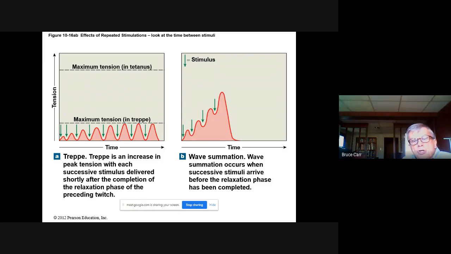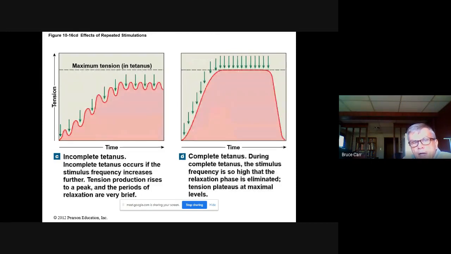However, if you continue to call for more and more muscular power, you get incomplete tetanus. If you do wave summation up to a level and sustain it below the maximum tension that's possible in the muscle, this is called incomplete tetanus because it is a long duration contraction.